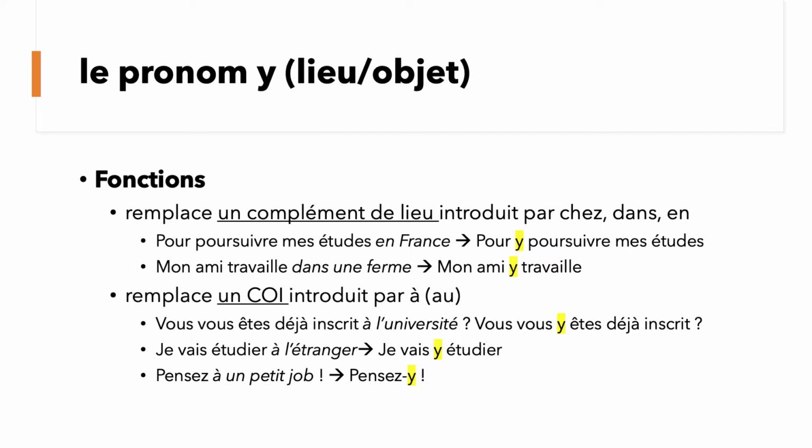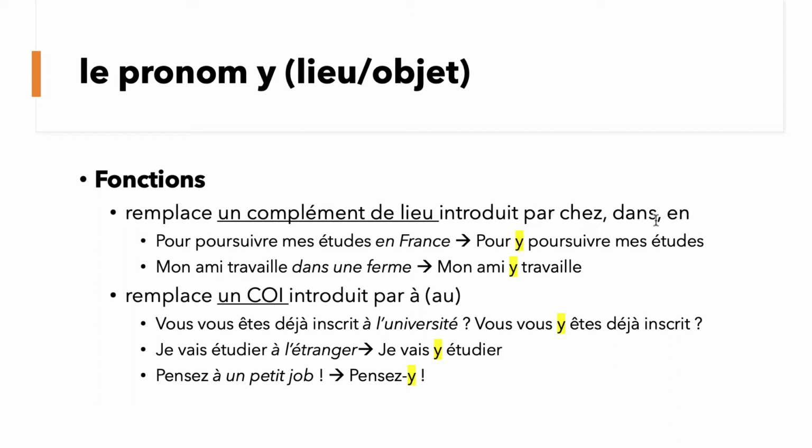So, what are the functions? Quelles sont les fonctions? Donc, premièrement, le pronom y remplace un complément de lieu. A complement of place, introduit par chez, dans, en. D'accord? Chez moi, dans ma maison, en France.